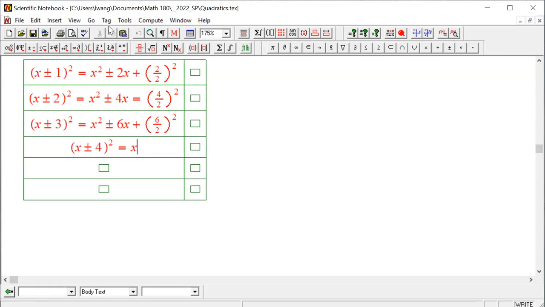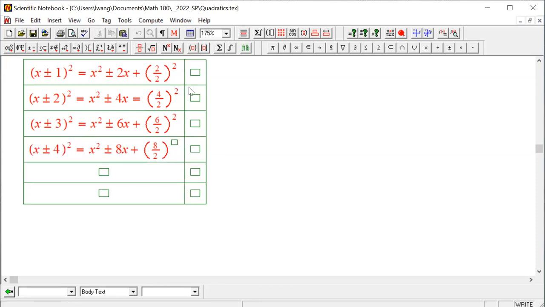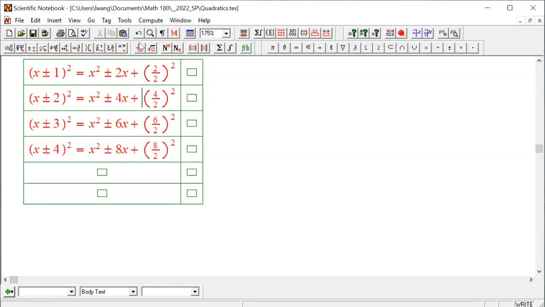You're certainly going to have x squared plus minus 8x, and this number we're adding should be 8 divided by 2 and then squared. Do you guys see that? So this is the pattern we have found.